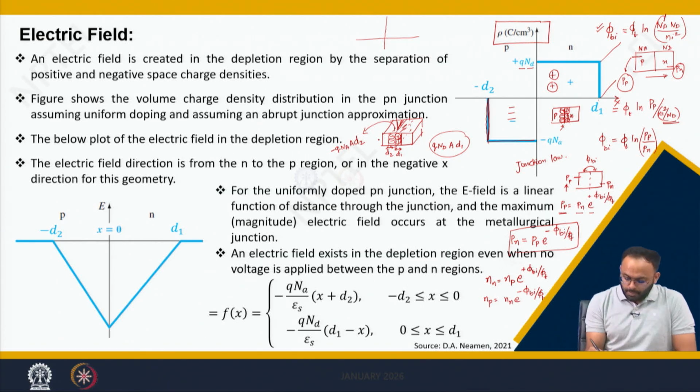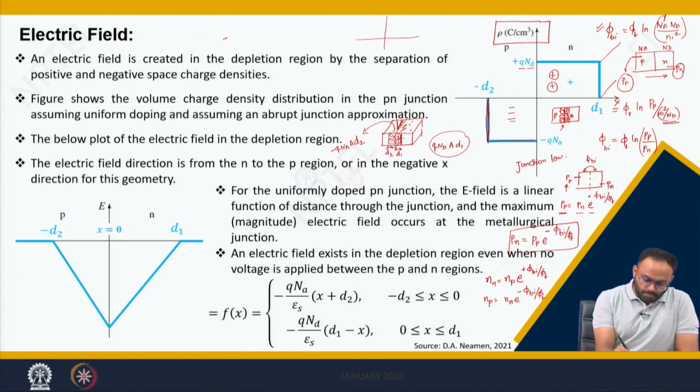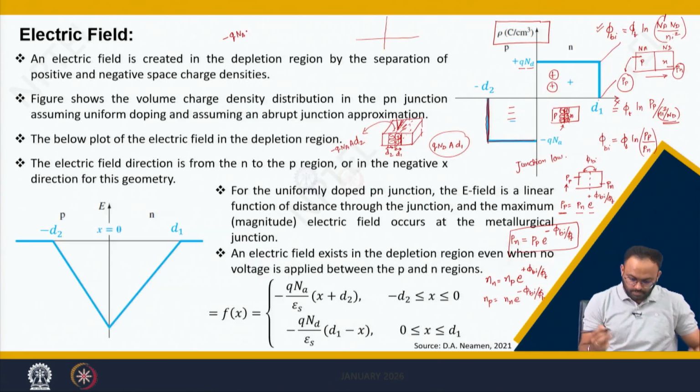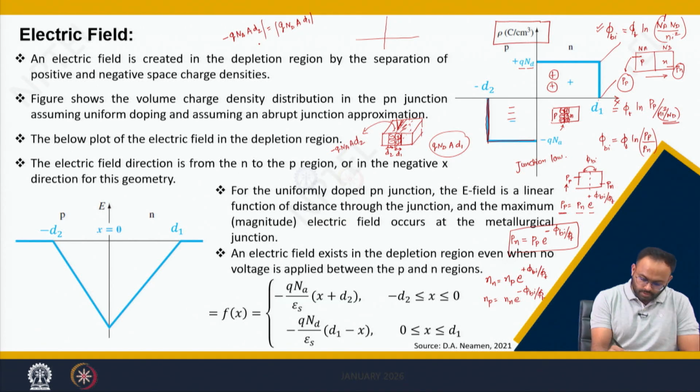So minus Q into Na into A into D2 equals Q into Nd into A into D1. Taking the modulus, this gives you Na into D2 equals Nd into D1.